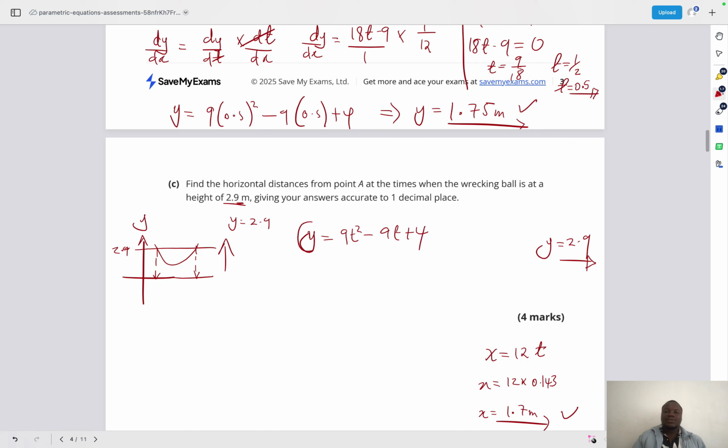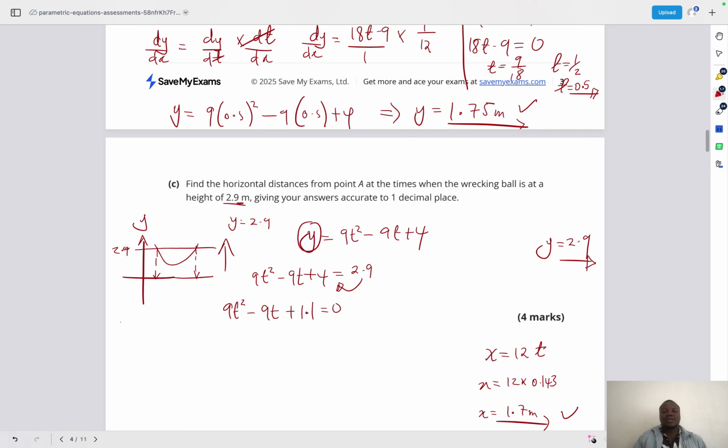So we put 2.9 here and solve. You're going to have 9t squared minus 9t plus 4 equals 2.9. Taking the 2.9 across, I think we get 9t squared minus 9t plus 1.1, if I'm not mistaken.